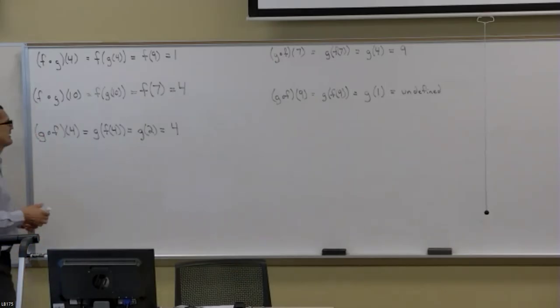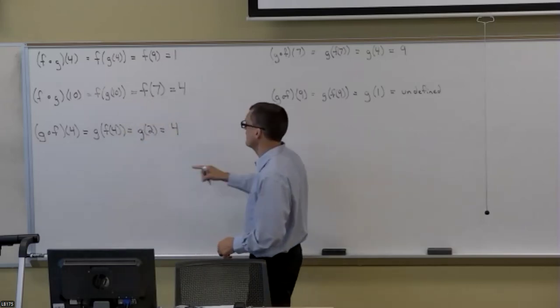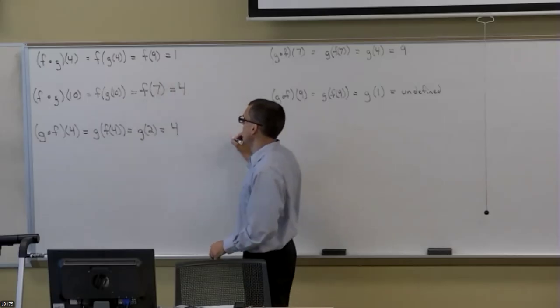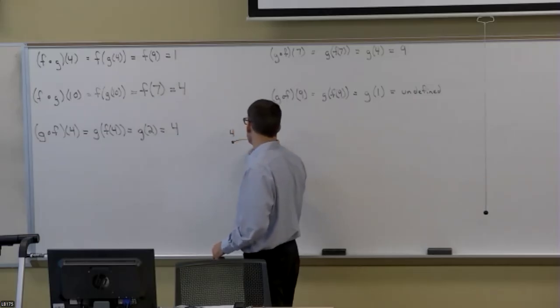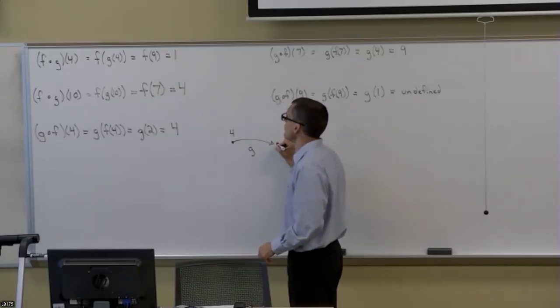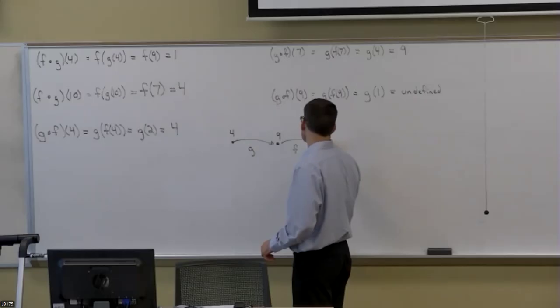Again, the way I think of it is just like a tracing. If I'm doing f of g of 4, we're starting out with the input of 4, we're hitting it with g, we're getting an output of 9, and then we're taking that 9 and inputting that into my f function and getting an output of 1, right?